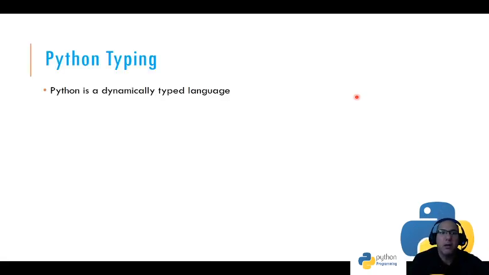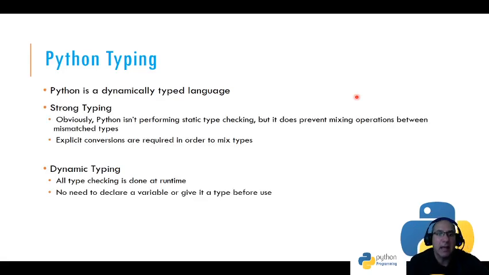Typing in Python is dynamic. What does this mean? Python is a dynamic programming language. This means it has dynamic type checking, dynamic type inferencing. So programmers who write Python code do not need to care much about the type of the variable.